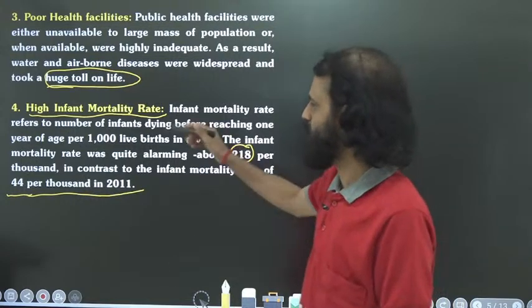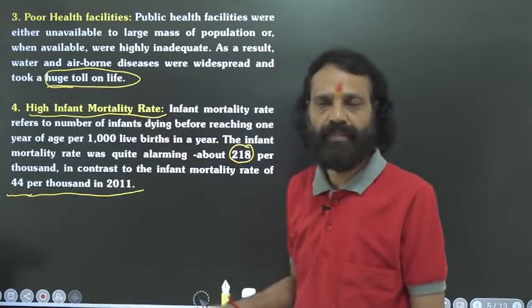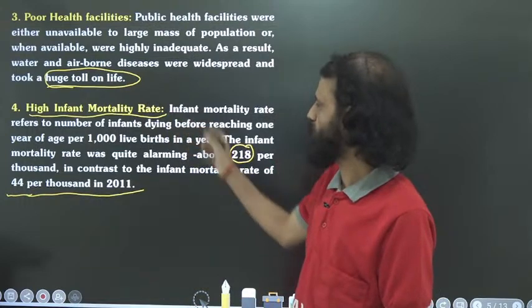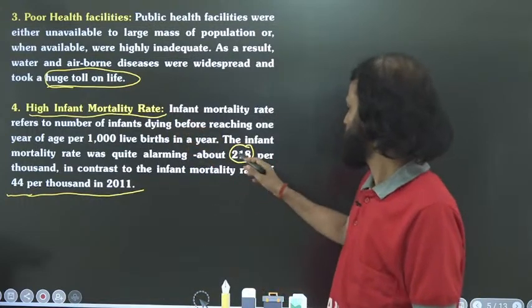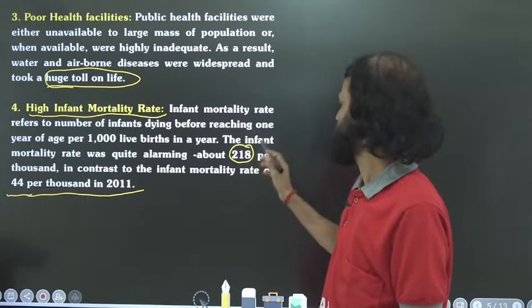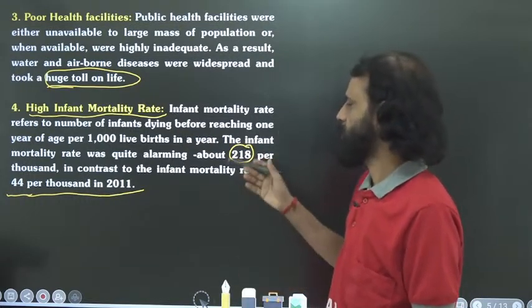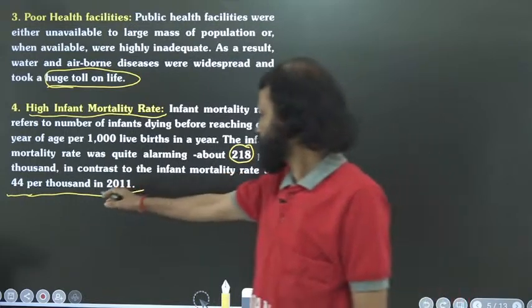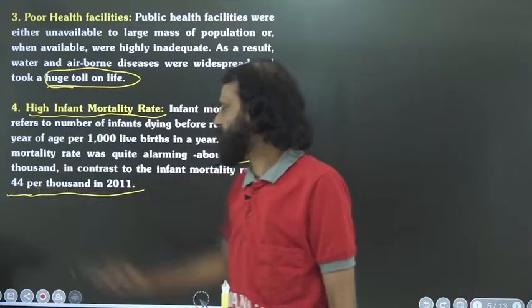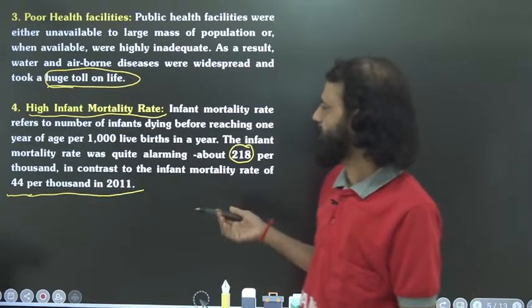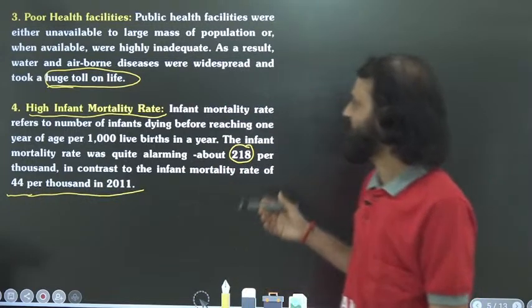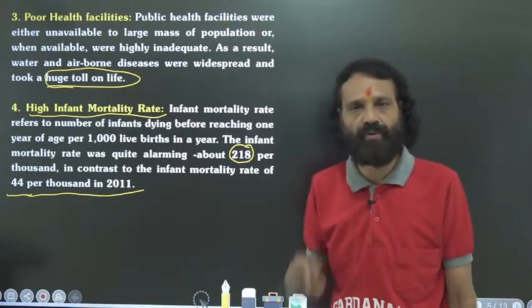So we can say a high infant mortality rate was there. Out of 1,000 newborn babies, around 218 died, whereas in 2011, only 44 died. So the infant mortality rate was very high when Britishers ruled our country.